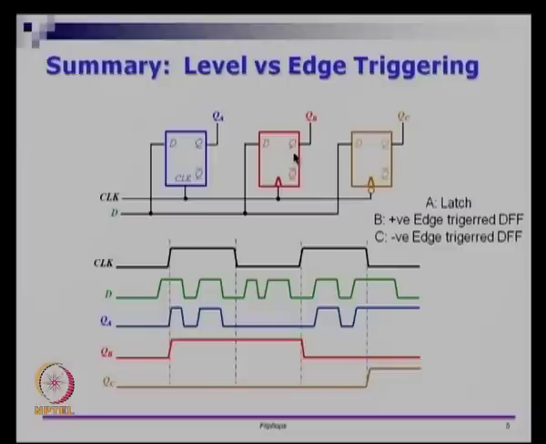However, QB is tapped from the slave latch of the D flip flop, so that has a different waveform, and there is no direct relationship between the waveform QA and QC. Even internal signals of this flip flop will not match the signal of QA. So, that is the overall setup now. Hopefully, this picture explains what the difference between latches and flip flops is.